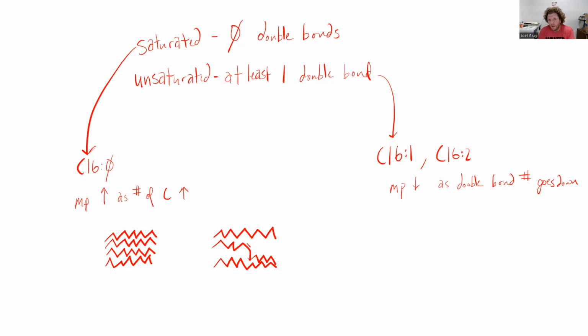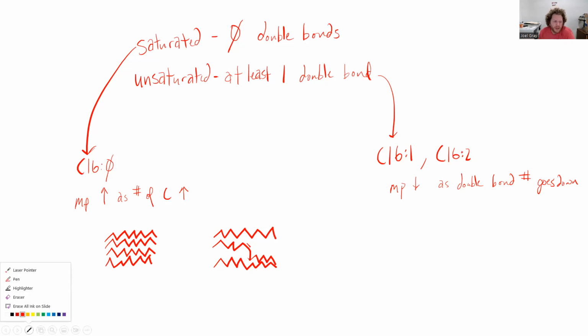As the number of double bonds increases within unsaturated fatty acids, your melting point is going to go down. When you have a mixture of saturated and unsaturated fatty acids, ultimately the overall number of unsaturated fatty acids is going to have an impact on that melting point.